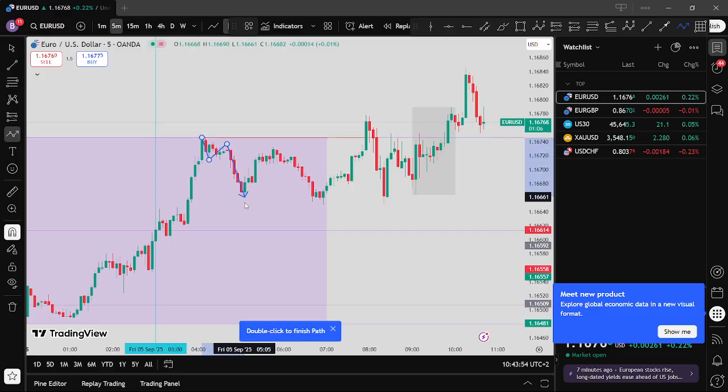Down, up, down, up. This is internal structure, by the way. Up, down, up. You could do it however you want, but down, up, down, up, right?